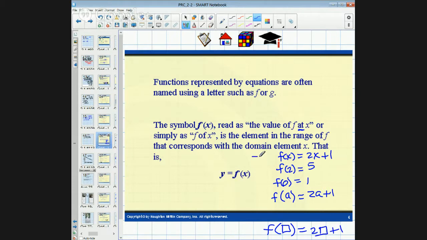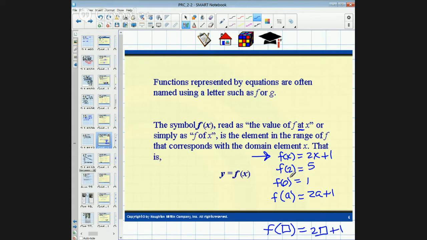If, for example, next to my arrow there, let's say that's our function: take whatever I give you, double it, and add 1. Now what happens when I apply that to a 2? Take 2, double it, 4, and add 1. The result is 5. So f of 2 is 5.